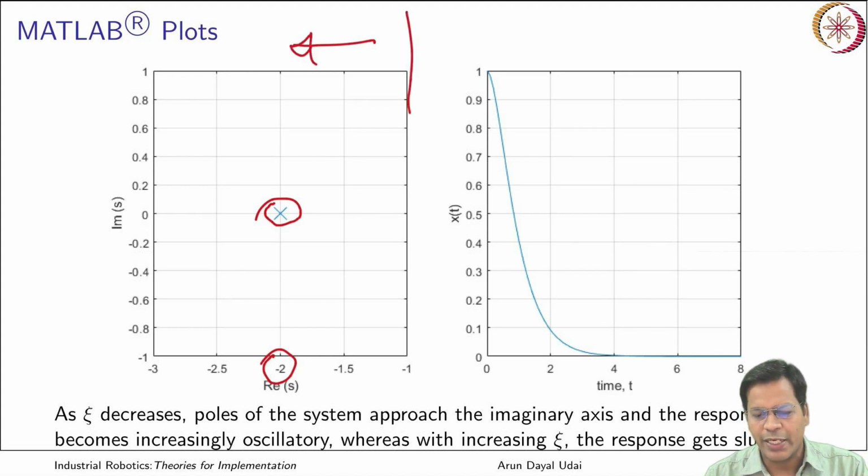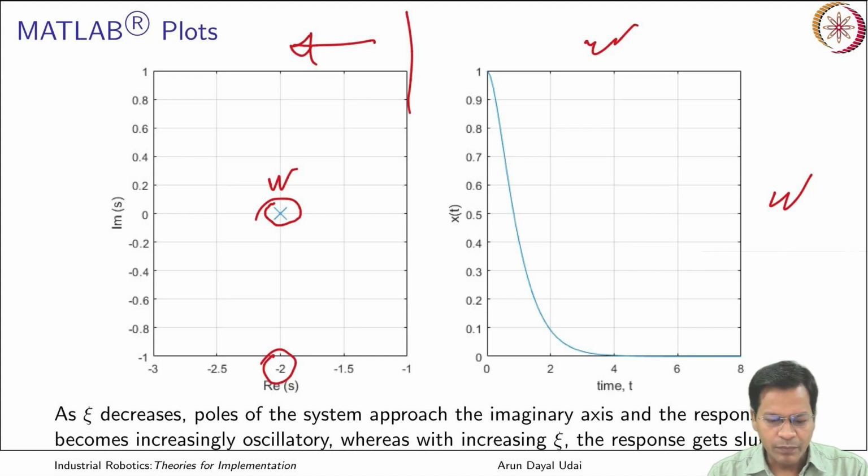Both are equal and real, and your system is critically damped. So again you remember this: both are real, on the left side of the complex plane, and your system is critically damped. Real and equal roots give you this case. So this is the fastest non-oscillatory response.